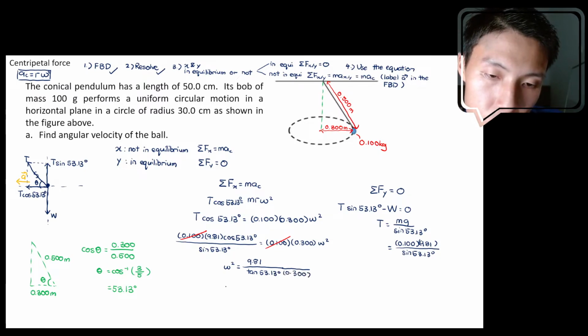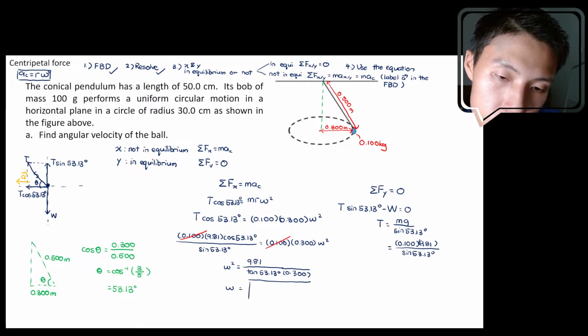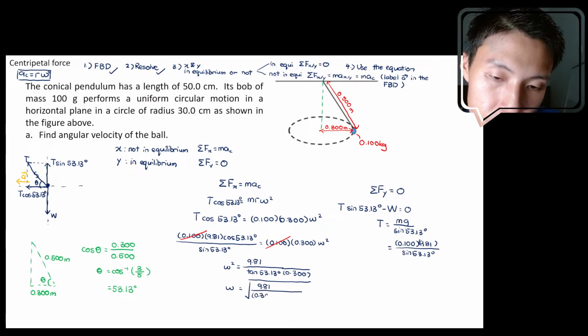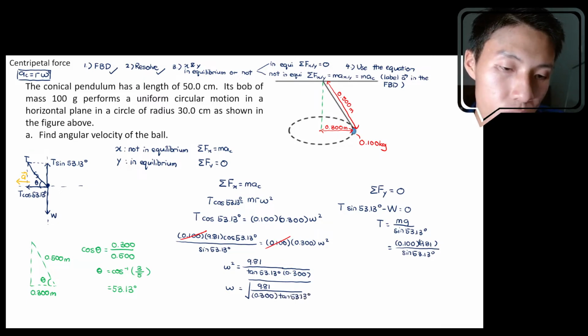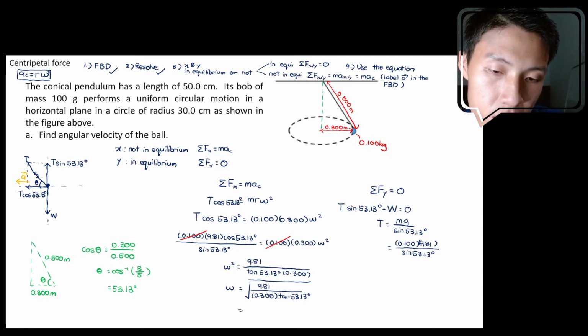So square root it, then I believe you are able to get the answer. Square root of 9.81, let's arrange it a little, let's put 0.3 in front, tangent 53.13 degrees. If you calculate it, I believe you get the answer of 4.95 radians per second.